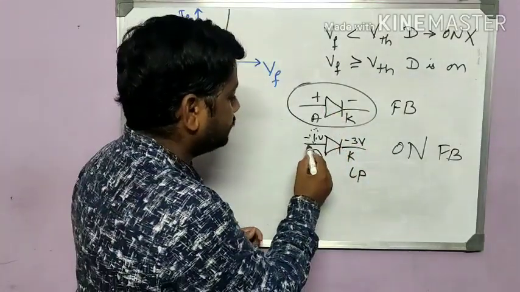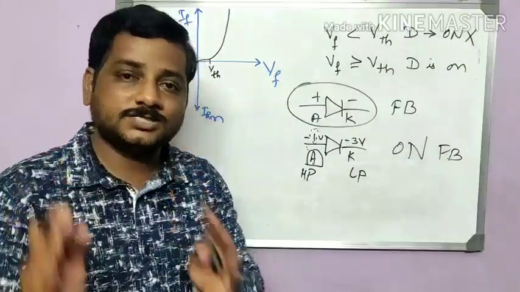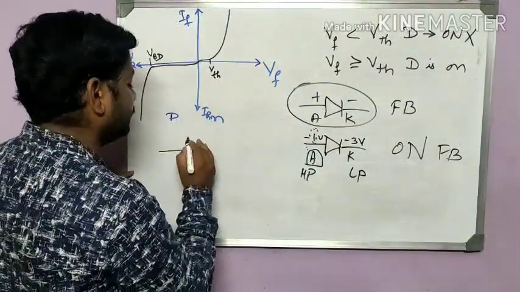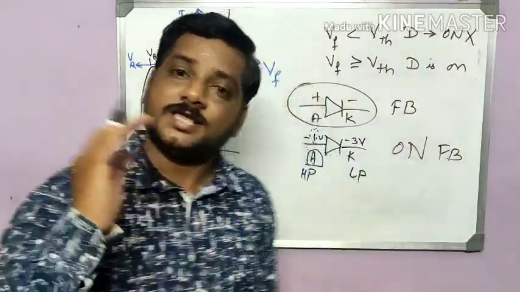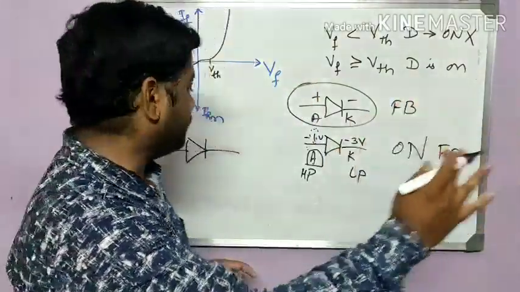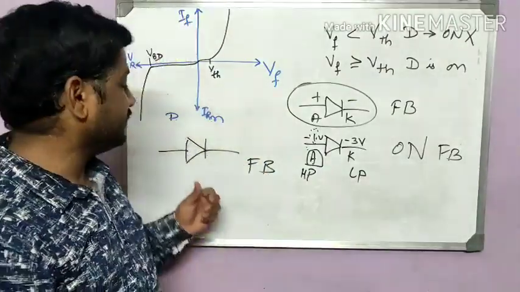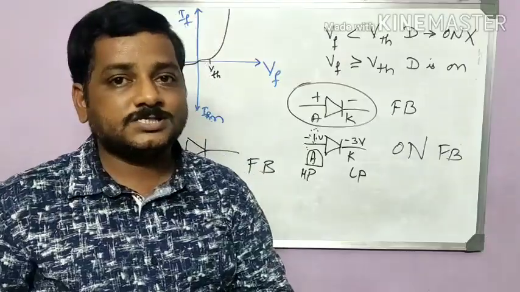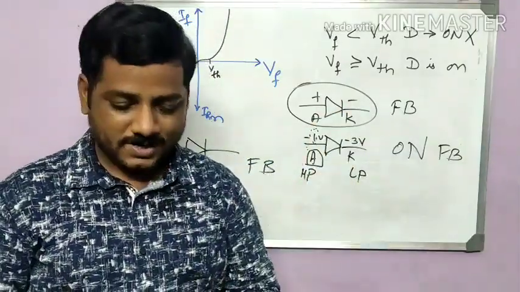So that's why you should understand it this way. Forward bias means the anode has a higher potential compared to the cathode. And if the anode is at a lower potential compared to the cathode, then that is reverse bias. This is the most important funda.